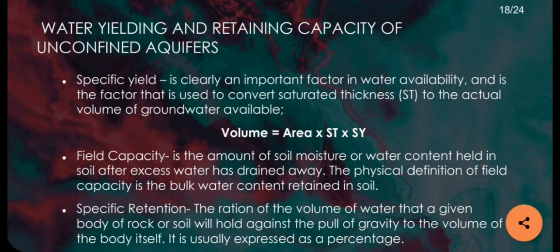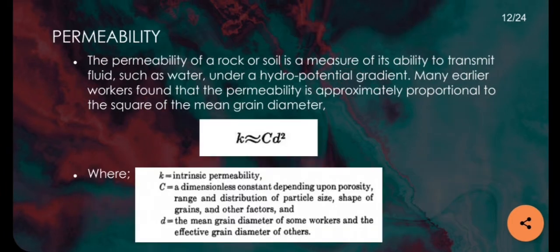The undrained water is water contained in rock voids or pore spaces, from which it cannot be recovered by drainage or pumping. It is retained against the action of gravity by molecular attraction and capillarity.